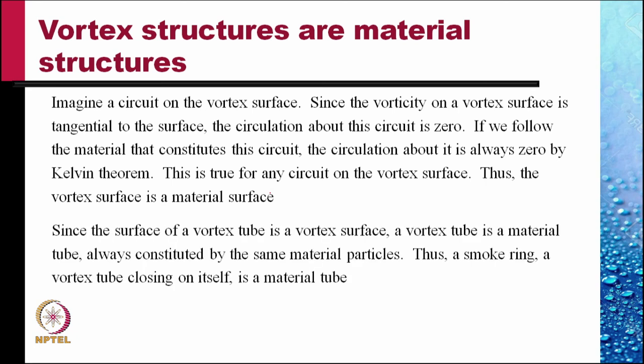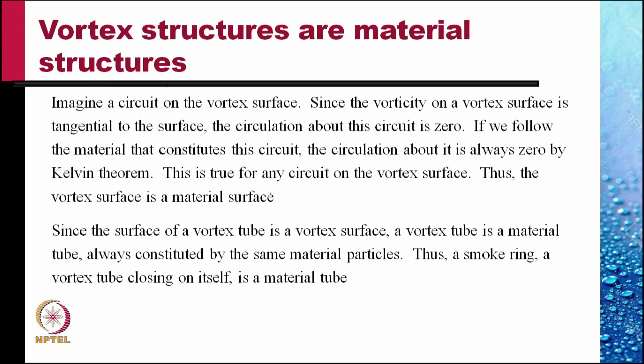Since the surface of a vortex tube is a vortex surface, a vortex tube is a material tube, always constituted by the same material particle. Thus, a smoke ring, a vortex tube closing on itself, is a material tube.